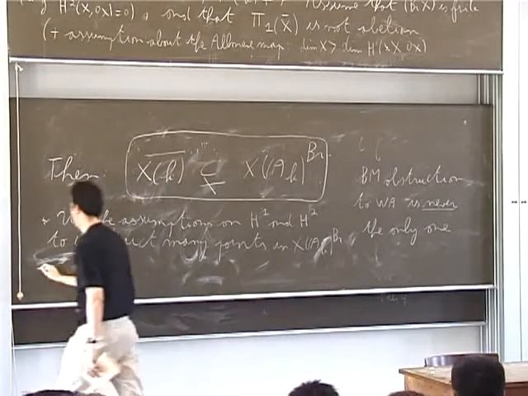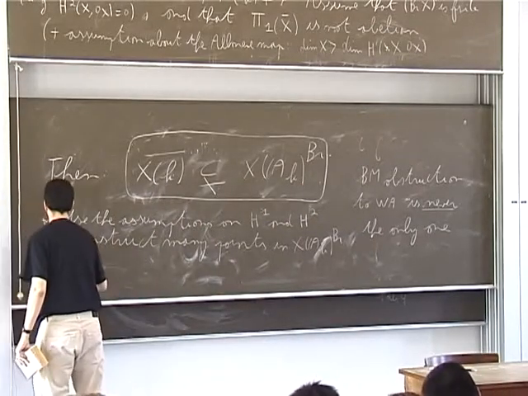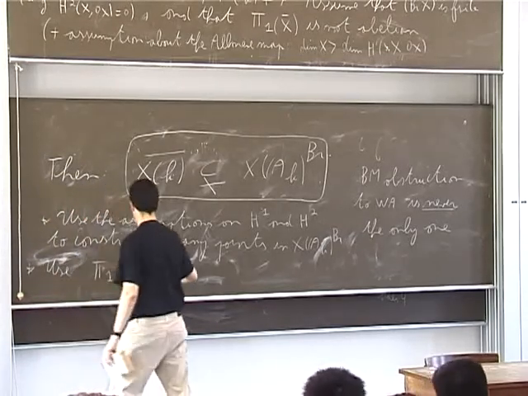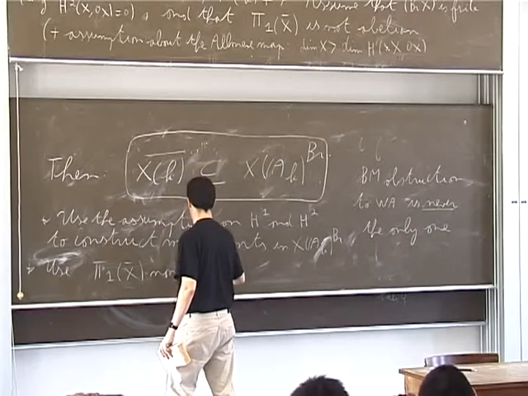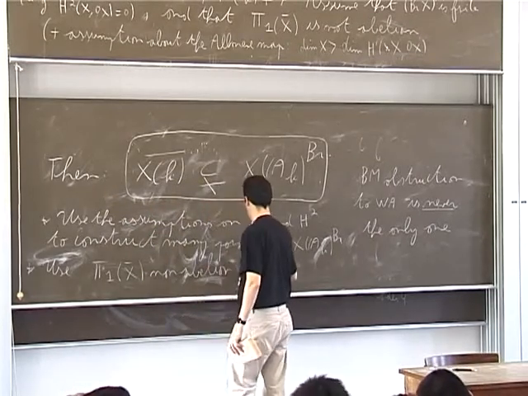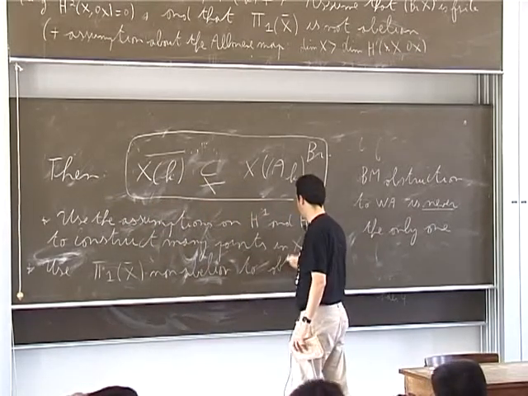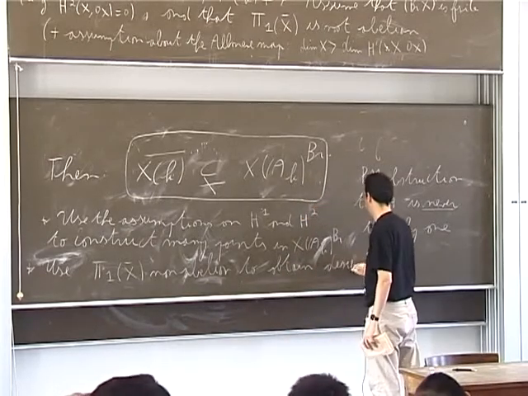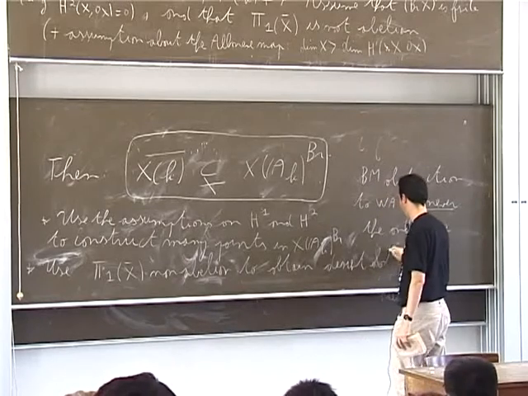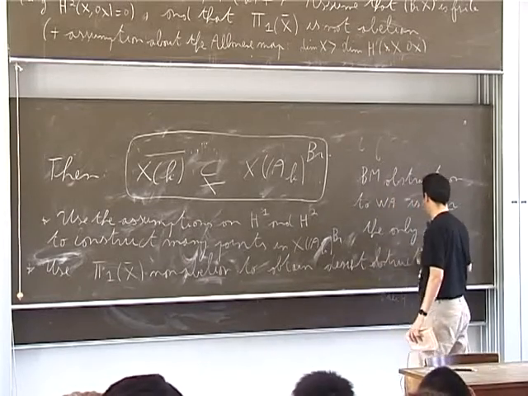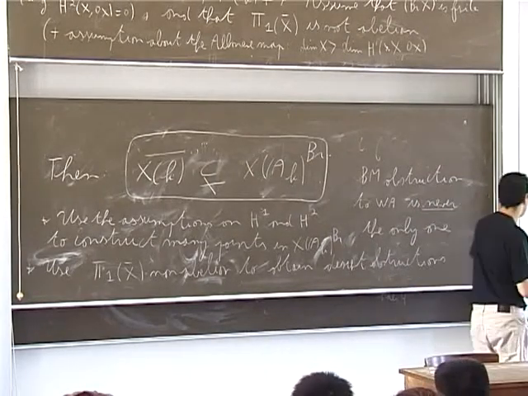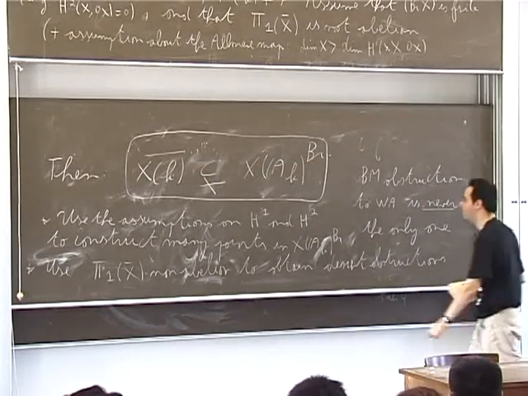And then you use the fact that the geometric fundamental group is not abelian to obtain descent obstructions, all these descent obstructions related to non-abelian finite groups.